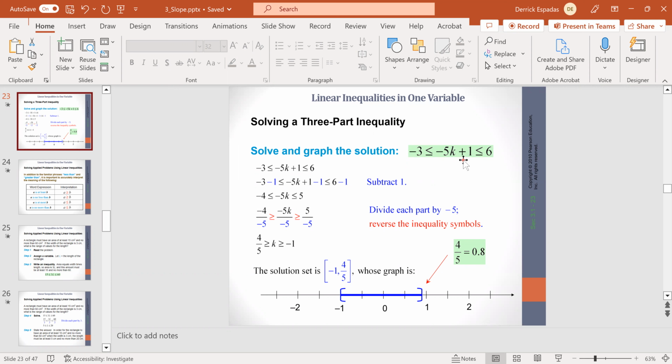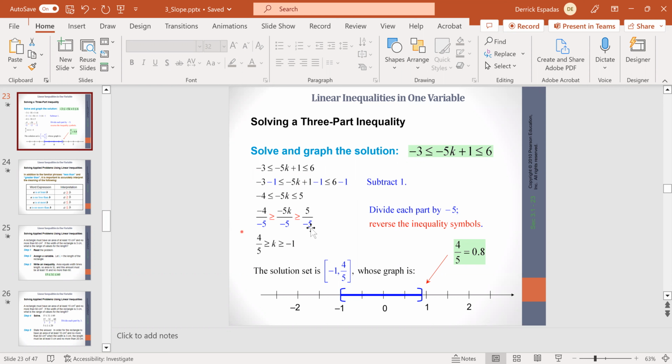But remember, if we do it to one portion, we do it to all of them. So we subtract 1 from each, and negative 3 minus 1 is negative 4. The negative 1 and the positive 1 cancel out, so we're just left with negative 5k. Awesome, exactly what we wanted. 6 minus 1 is 5.